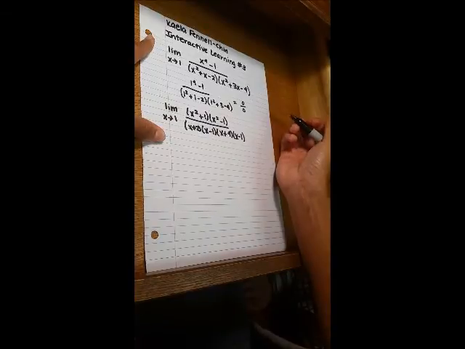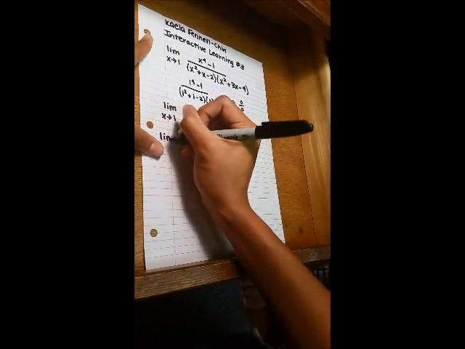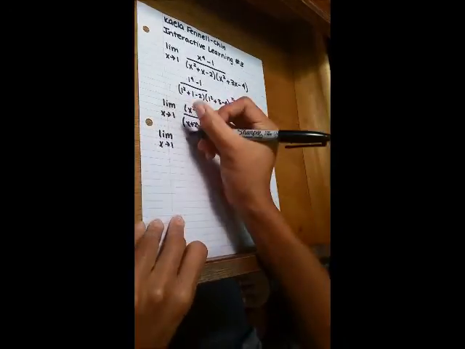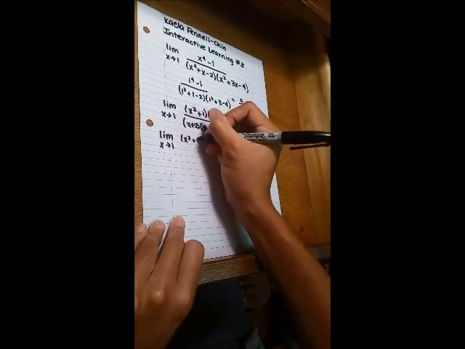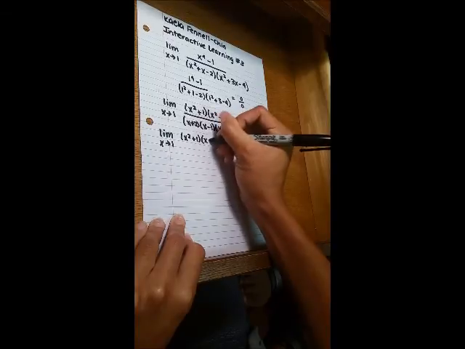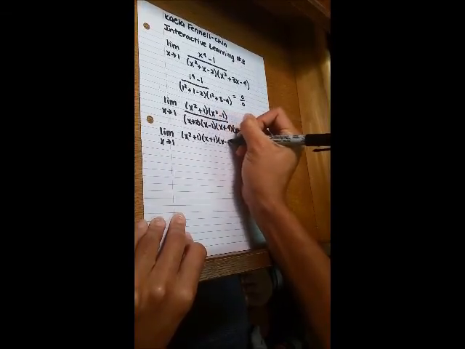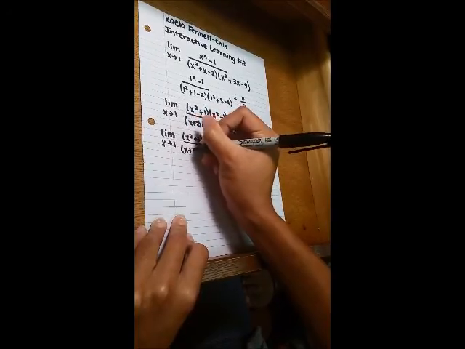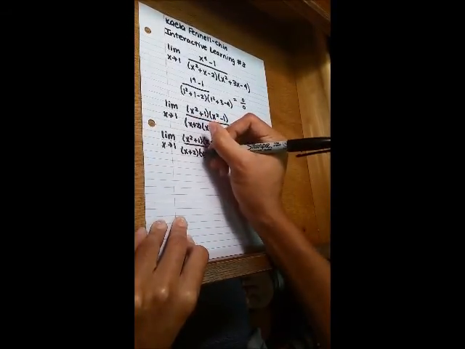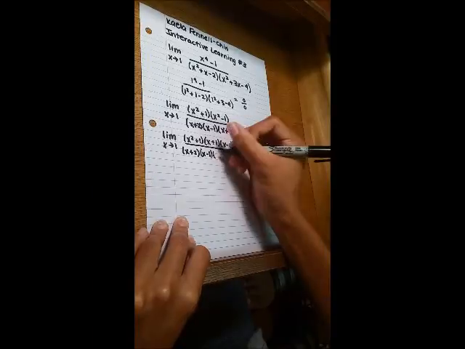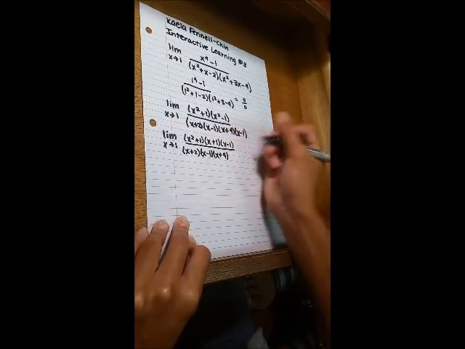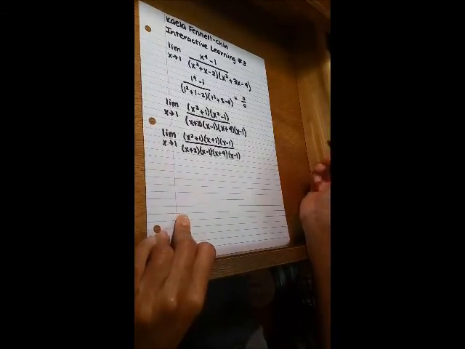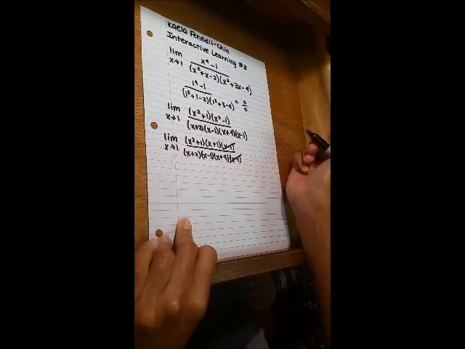We can factor the top more though, so the limit as x approaches 1 of x squared plus 1, x plus 1, x minus 1, all over x plus 2, x minus 1, x plus 4, and then x minus 1. And now what we can do is we can cancel out anything that's the same. So we have x minus 1 and x minus 1.